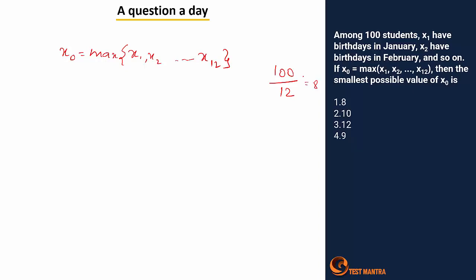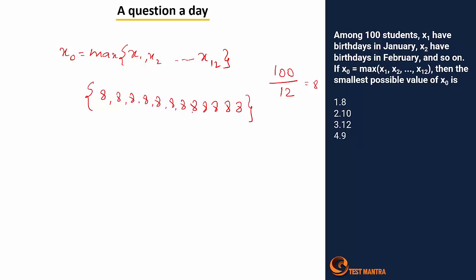Now I'm assuming that there are 8 people whose birthday lies in each of the respective months, January, February, March, April, May, June, July, August, September, October, November, and December.